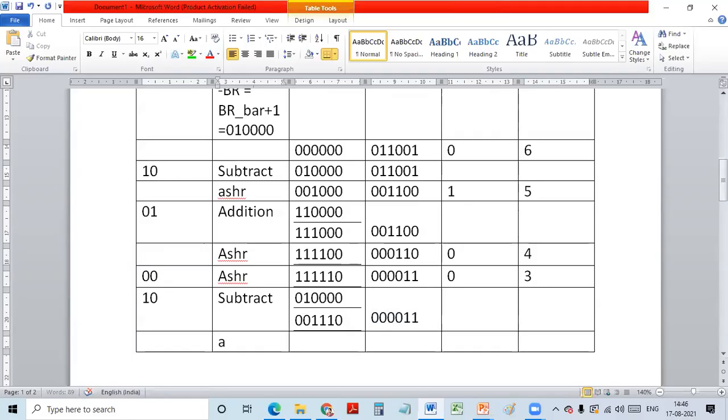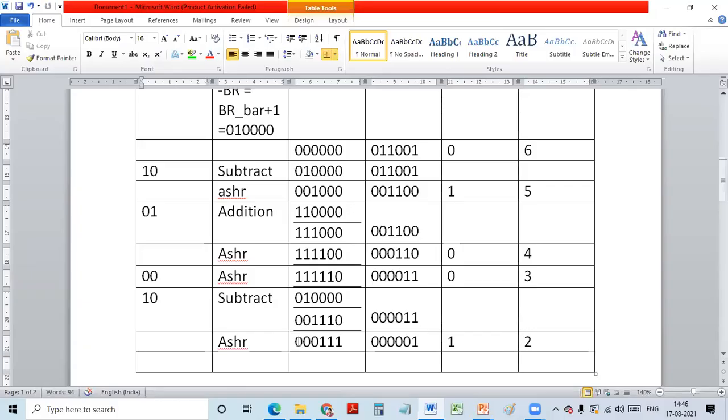Now you have to perform arithmetic shift right. Now the most significant bit is 0, so the newly added bit is also 0. 0, 0, 1, 1, 1, 0, 0, 0, 0, 0, 1, 1. SC is 2. This completes the next cycle.